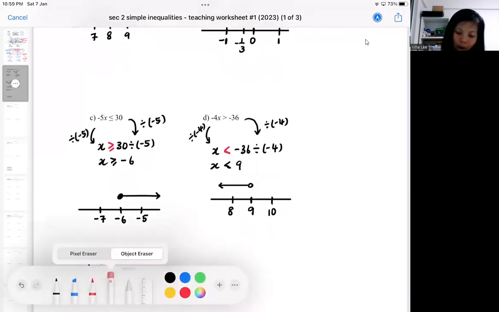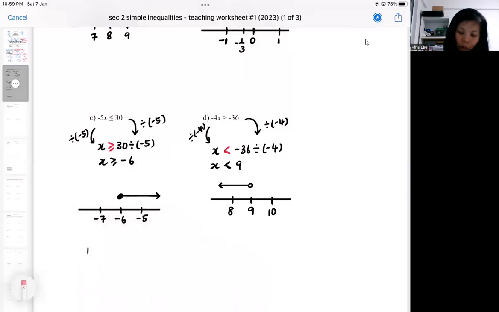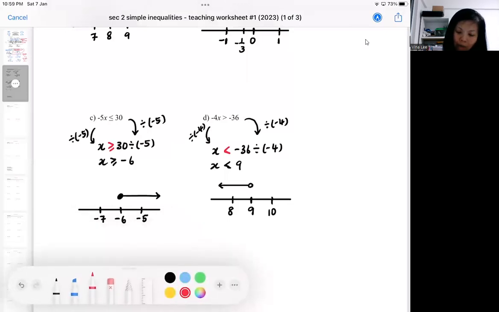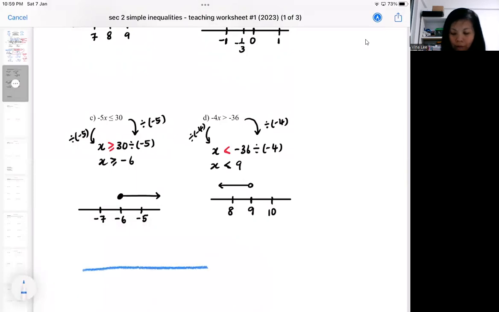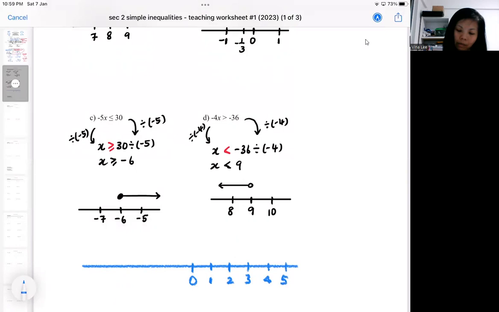If you forgot how a normal number line should be, there are people who do that. Even the number line, they couldn't get it correct. When did you first learn your number line? You learned it in Sec 1. On the right side, it's getting bigger and bigger, and on the left side, it is like this.